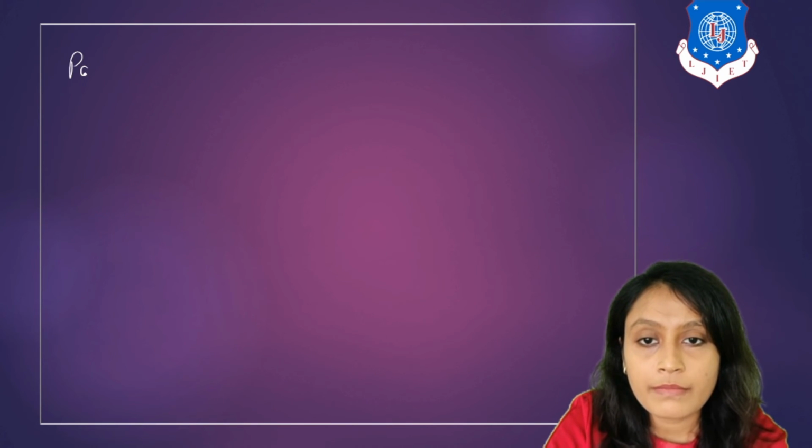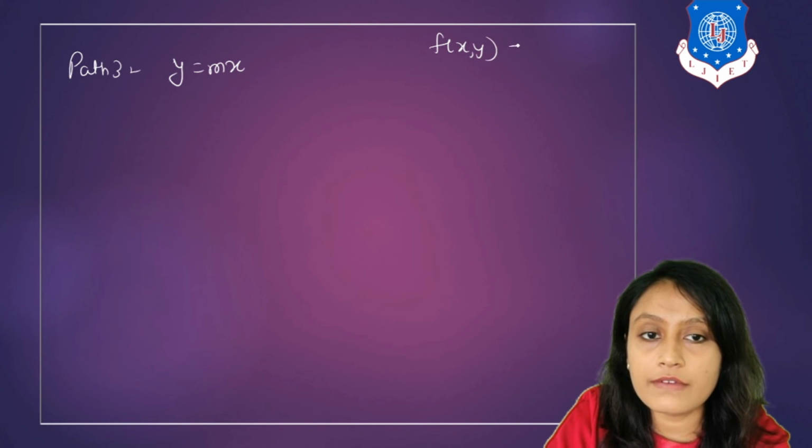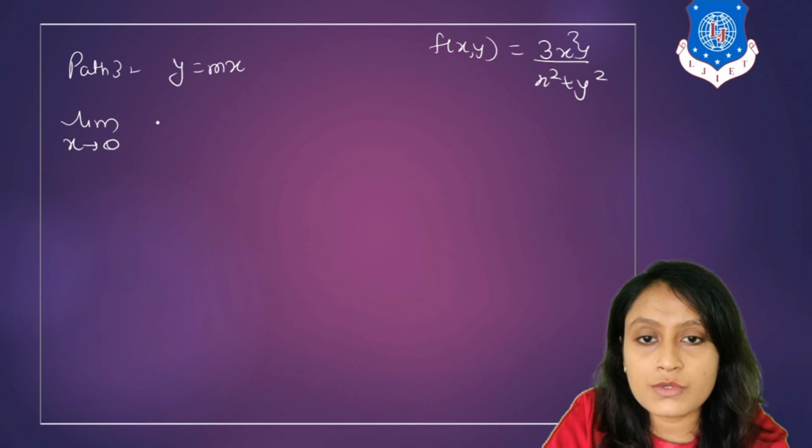Now the next step is to apply path 3, meaning we have to write y equals mx in place of y. The function f(x, y) is 3x square y upon x square plus y square, right? Now we will apply the limit, so you will get limit x tends to 0. Now y is equal to mx, right?